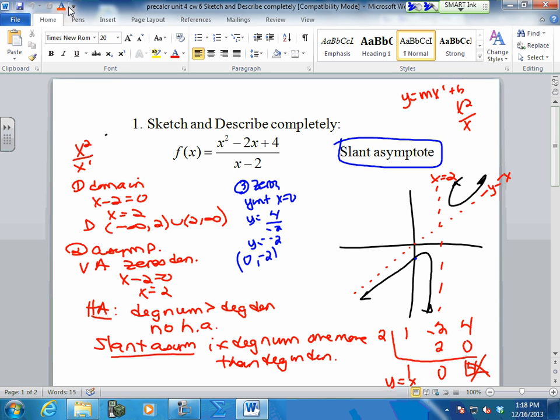The zeros of your numerator, and I'm going to give you a break here. I got to take the numerator, because it couldn't be factored, and I got to use my quadratic formula on this. Now, do you think we have real zeros of your numerator?